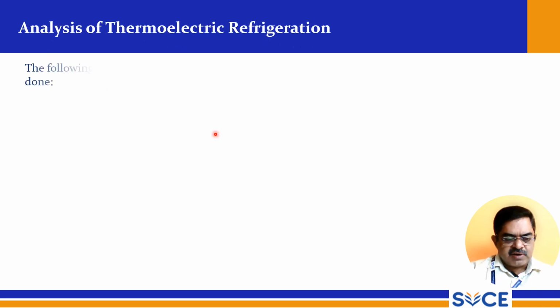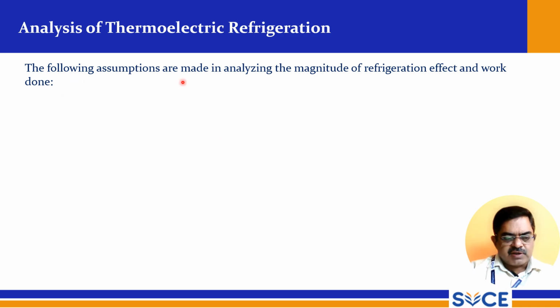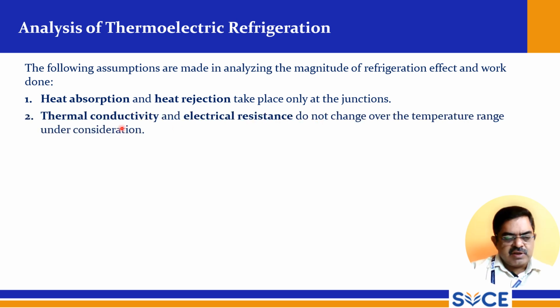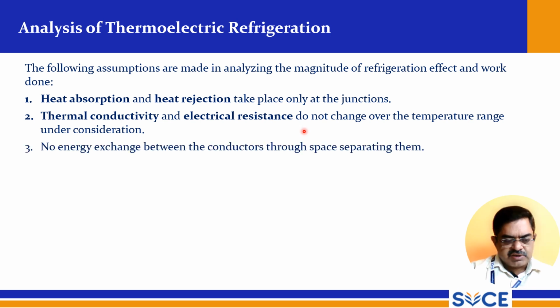Analysis of thermoelectric refrigeration. The following assumptions are made in analyzing the magnitude of the refrigeration effect and work done. Heat absorption and heat rejection take place only at the junctions. Thermal conductivity and electrical resistance do not change over the temperature range under consideration.